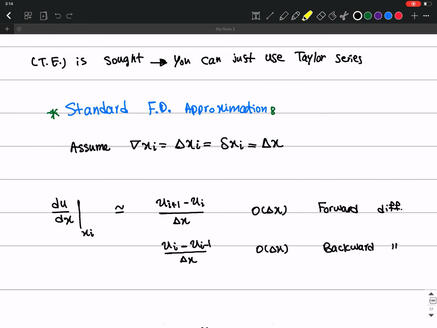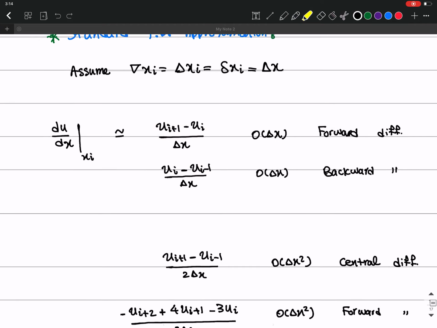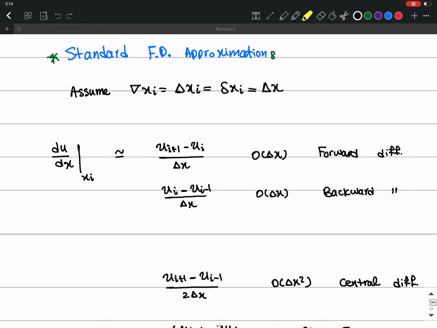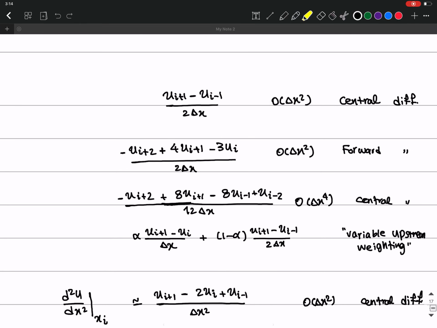Finally, we showed standard finite difference approximations that can be found from this method that we introduced. And I just wrote them down. So the forward difference, the backward difference, and the central difference, which is going to be higher order, and if you use higher terms, you will get a higher order, like delta x to the power 4.